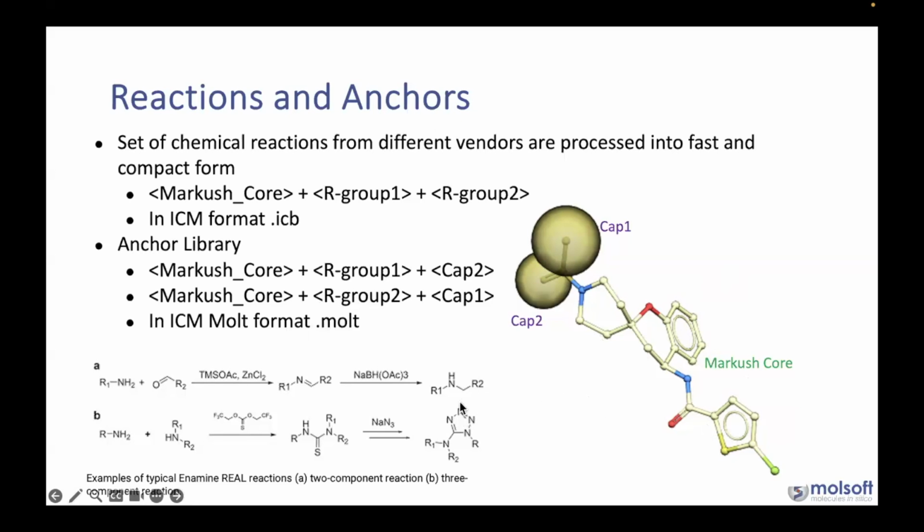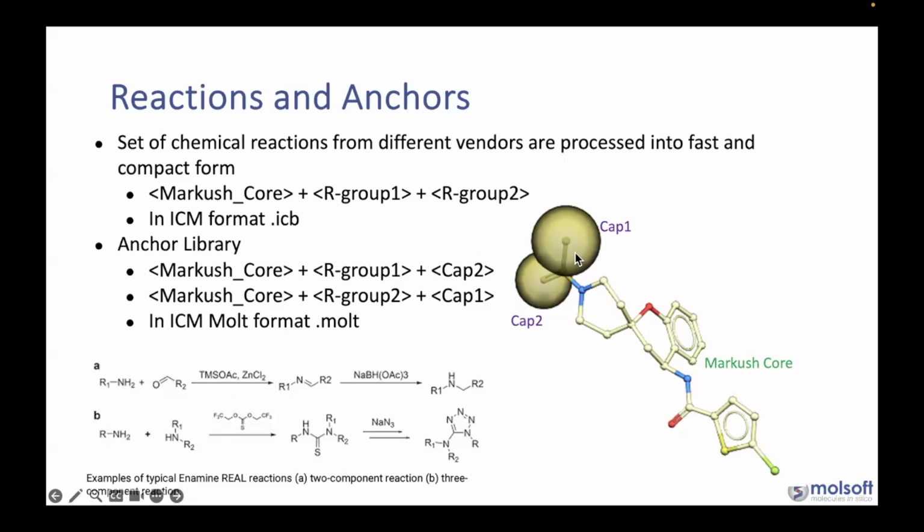So we support both. This is a typical example from Enamine. They have a two-component reaction and also a three-component reaction. But in each iteration, one of the capped R groups is swapped out for the full set of corresponding synthons.